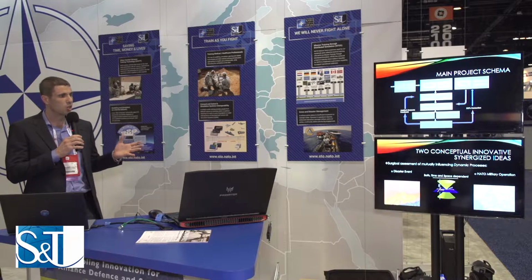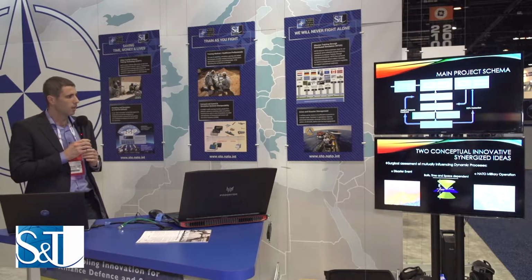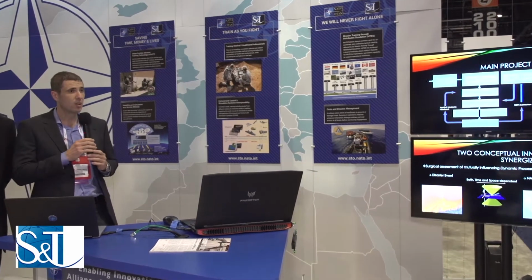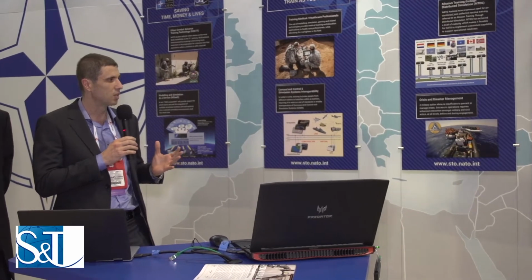Instead of such a simple approach, we'd like to have a really surgical assessment of the situation, and we are going to investigate the influence of one dynamic process, the disaster event, over another dynamic process, the NATO military operation, and to see what could happen with and without some precautions, without preparedness, or with preventive measures.